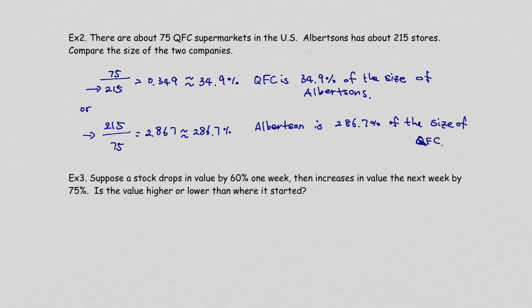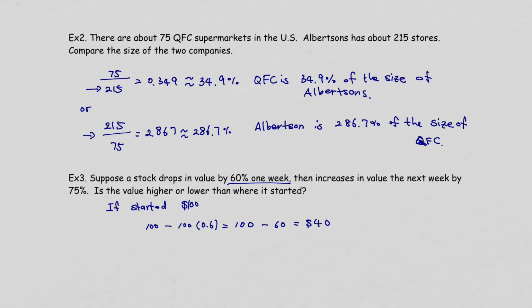Let's say, just assuming, it started from $100. The first week, it will be 60% off. So it will be 100 minus 60% of 100, which is 60. The way you figure that out is multiplying 0.6 by 100, which is 100 minus 60. That gives you 40.